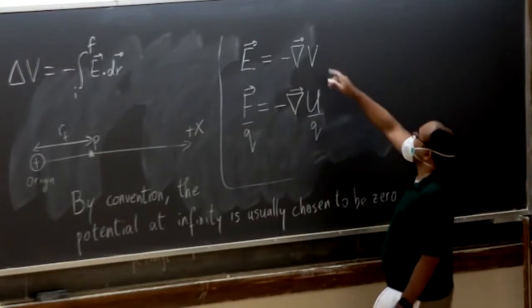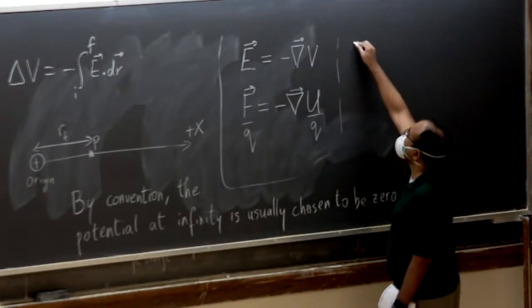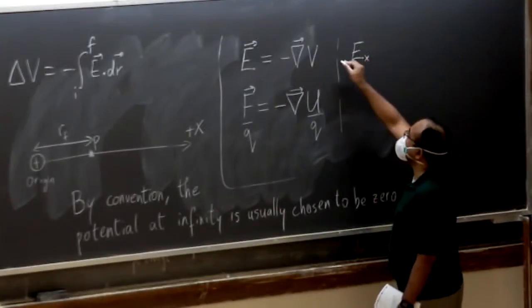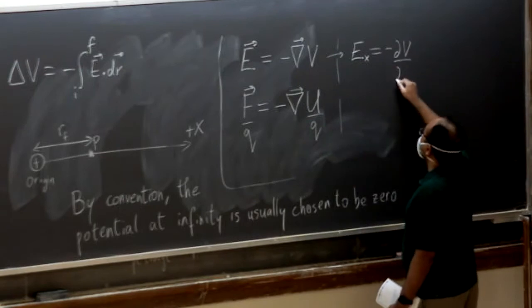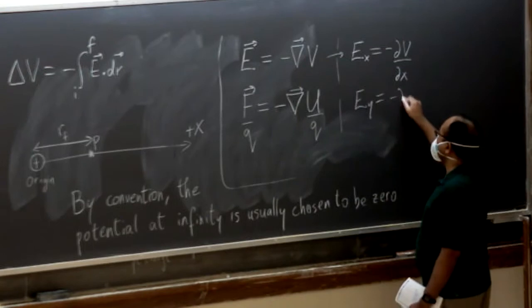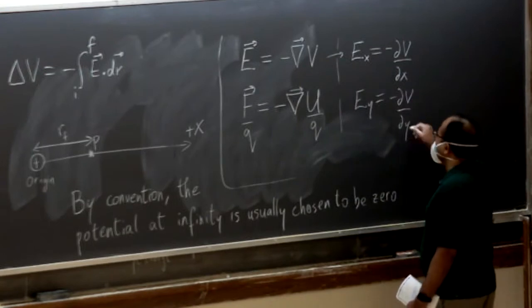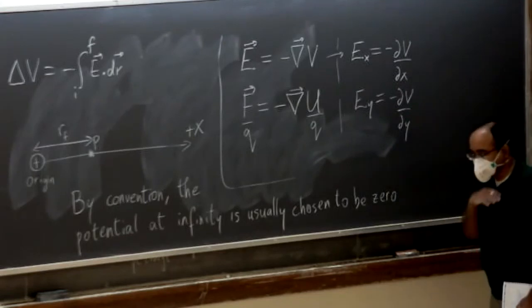And again, don't be scared by the gradient symbol. It's just a shorthand for derivatives. So in this case, what it means is Ex would be minus partial V partial x, Ey would be minus partial V partial y, and so on.